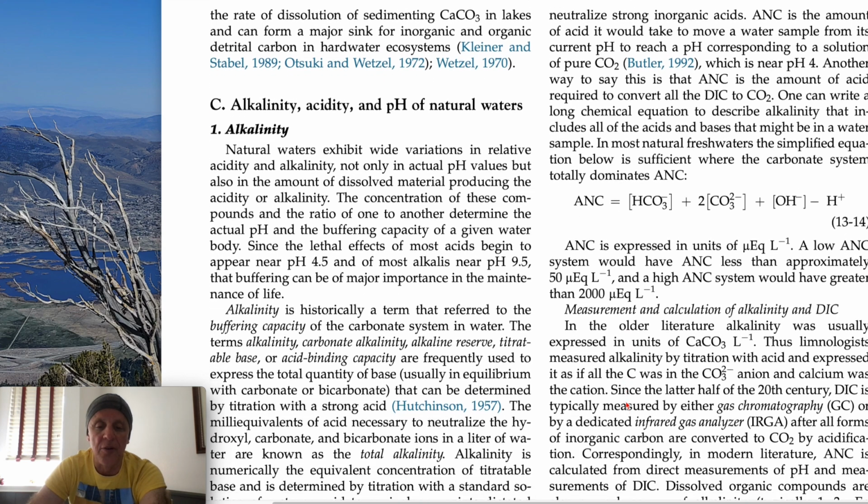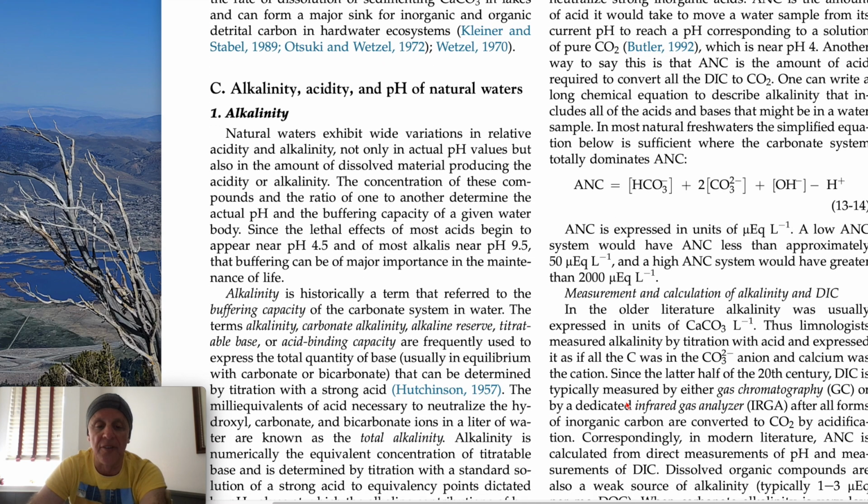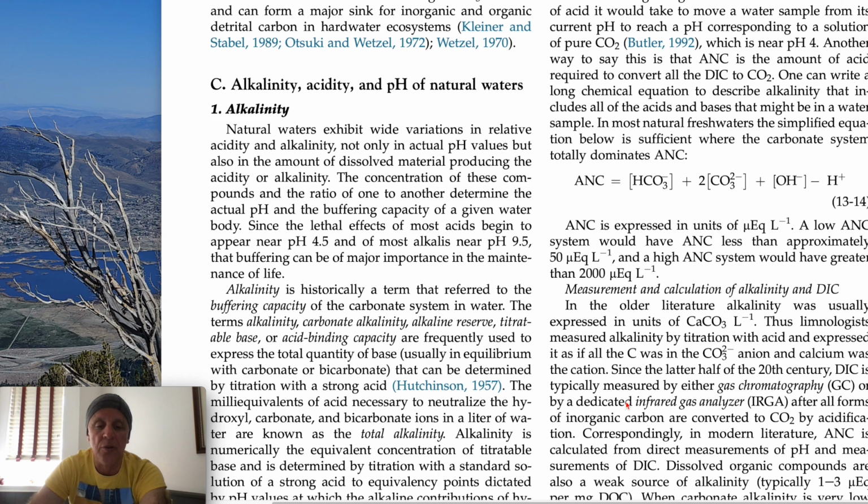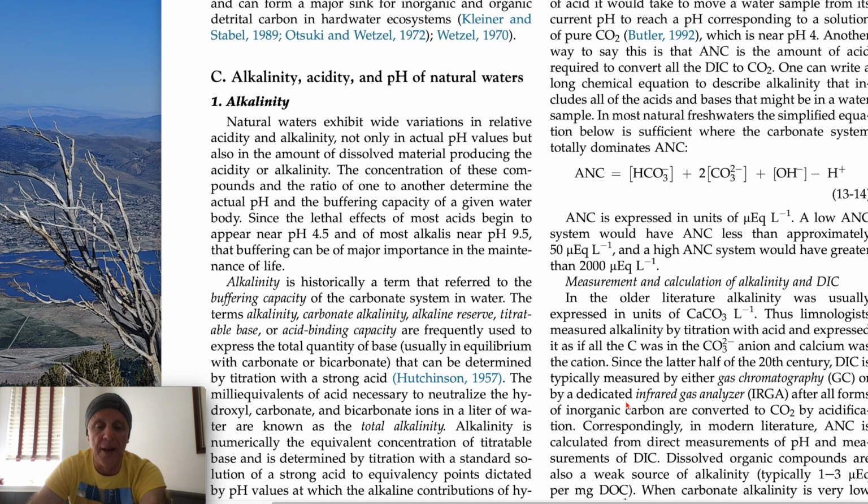Alkalinity is historically a term that referred to the buffering capacity of the carbonate system in water. The terms alkalinity, carbonate alkalinity, alkaline reserve, titratable base, or acid binding capacity are frequently used to express the total quantity of base, usually in equilibrium with carbonate or bicarbonate, that can be determined by titration with a strong acid.